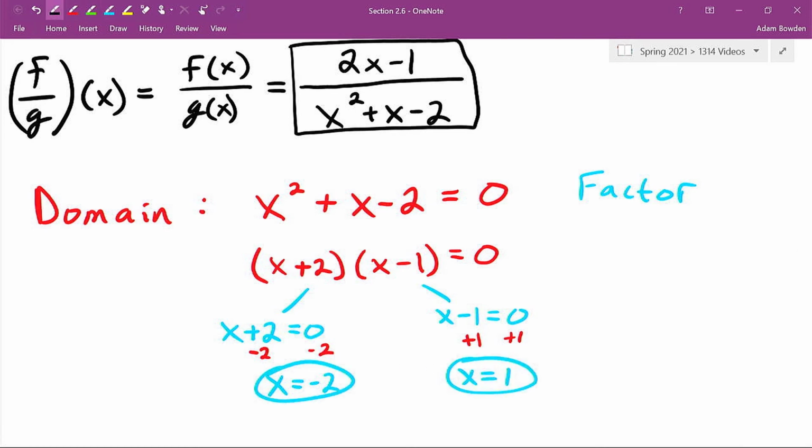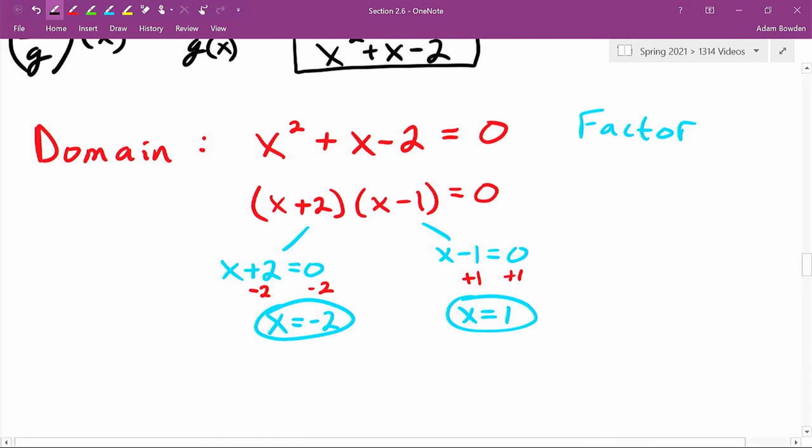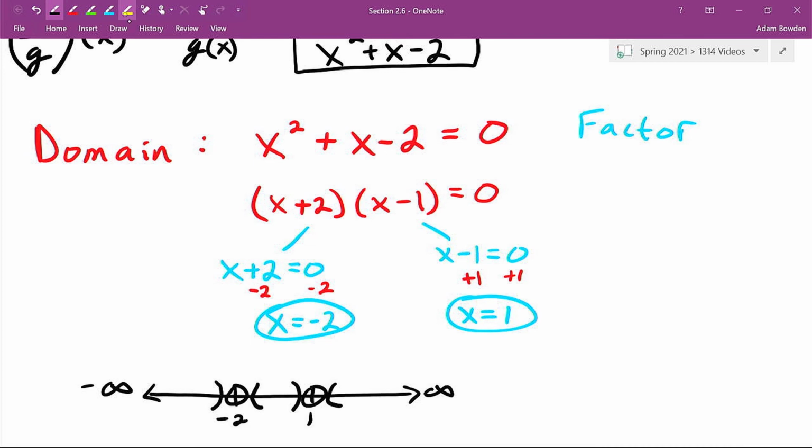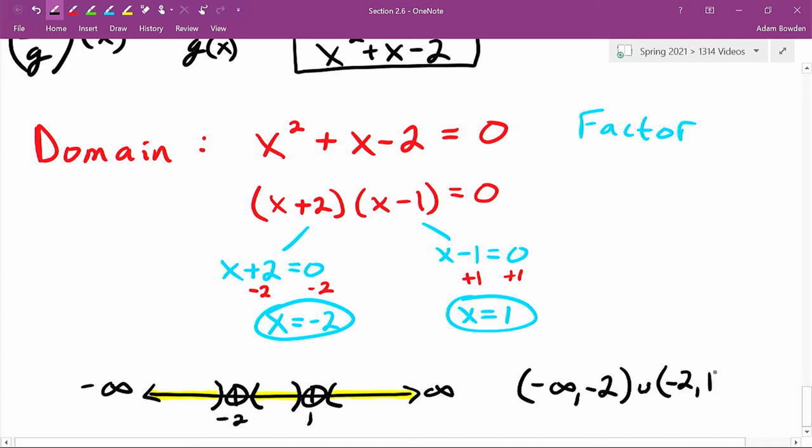So the domain are all the numbers except for those two. So highlighting it on the number line here so we can see. And in interval notation, it would go negative infinity to negative 2, union with negative 2 to 1, union with 1 to infinity.